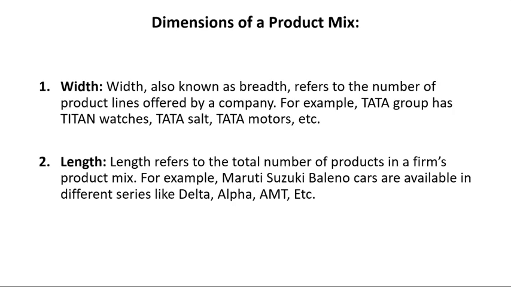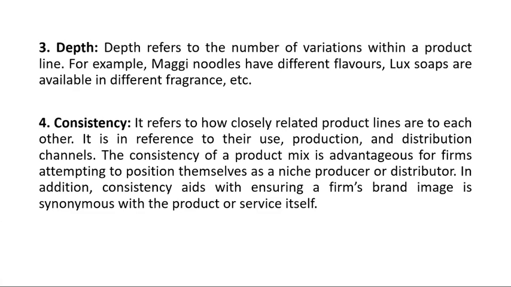In length, what happens? Like this Maruti Suzuki, they have Baleno. In that, you have Delta, Alpha. They are all variants, and features also change. The overall look will also change. But here, the overall look will not change. Only the taste or flavors will change.